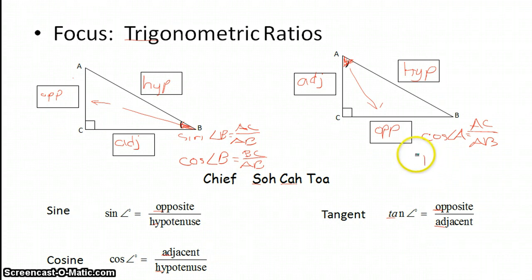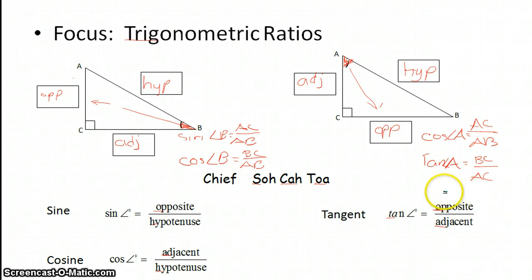Let's find the tangent of A. In TOA, that's your opposite over the side adjacent. In respect to angle A, go to your opposite side. In this case, that's side BC over the adjacent side AC. Okay, so that's how we use our trig ratios.